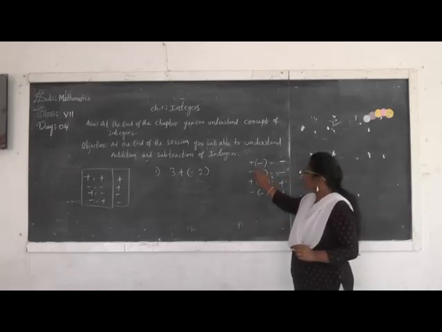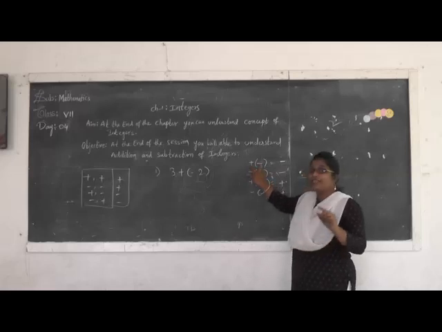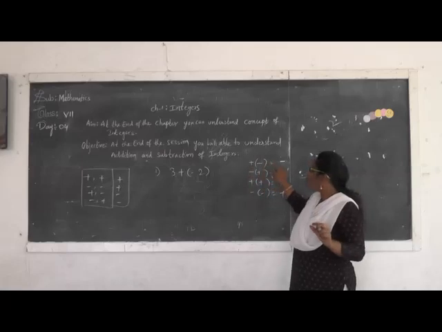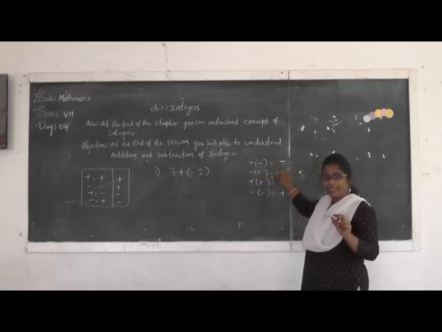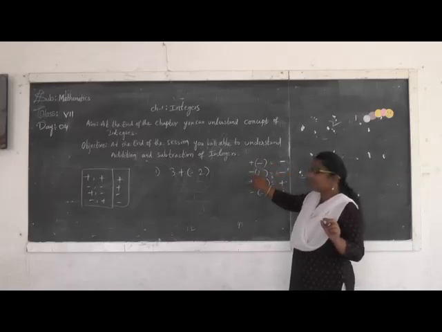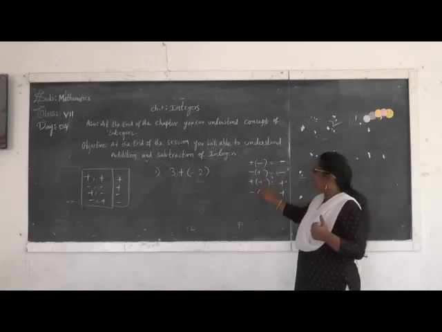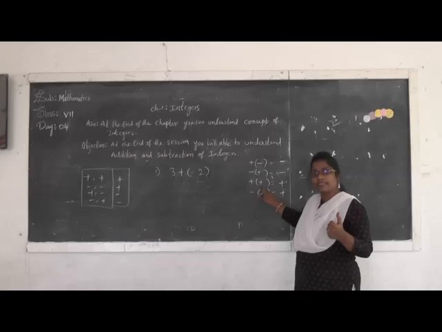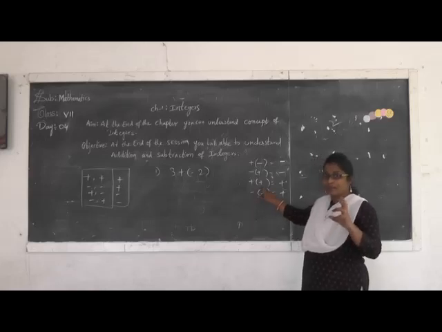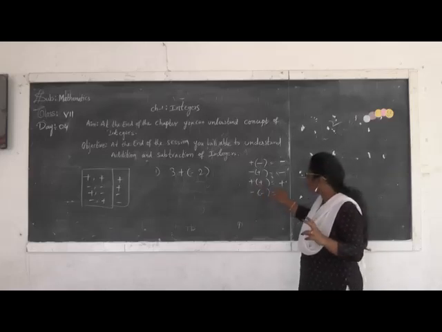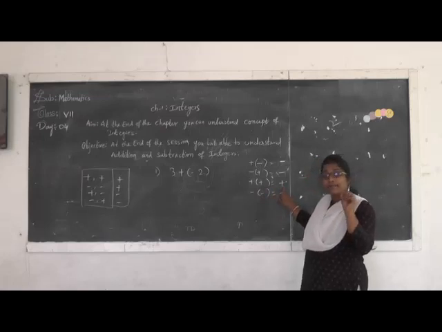In a similar way, one is positive, one is negative. That is, both are unlike symbols. So what are we doing? Negative, minus. Now here also one is minus, one is plus. Both are different again, so we have to put minus. Now both terms are connected with plus symbol. So what we have to do, whenever we remove the brackets, we have to keep it as plus.